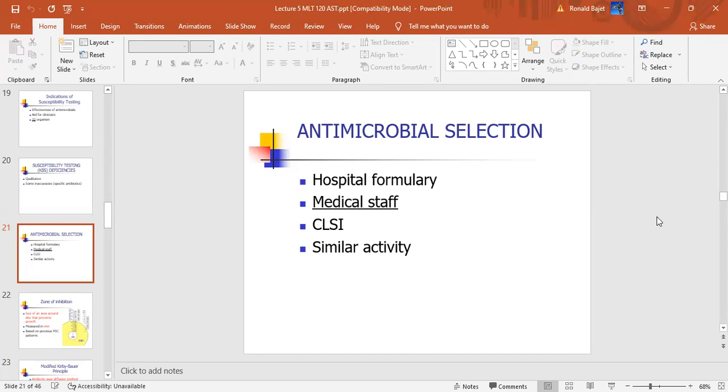CLSI is important because they're the ones that standardize the zone sizes for Kirby-Bauer. And for similar activity, if penicillin doesn't work, you need to use an antibiotic that has similar inhibitory activity to an organism, that will inhibit it just like the penicillins do, but it's not a penicillin. Okay, so antibiotics, similar activity.